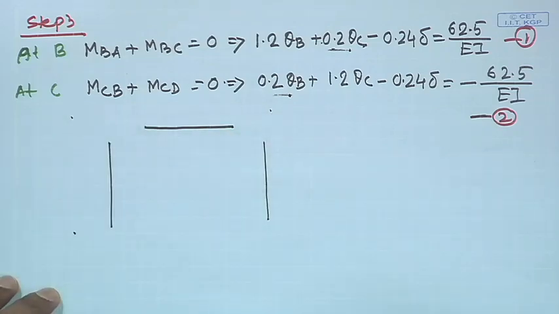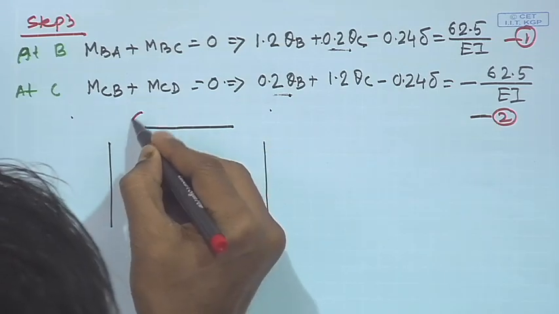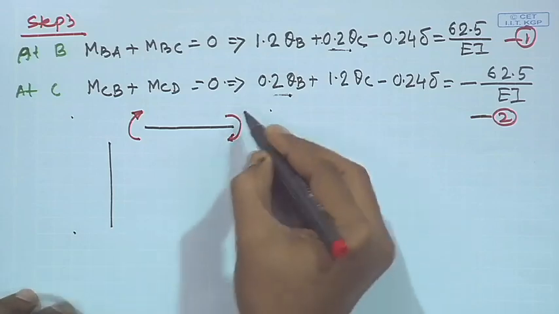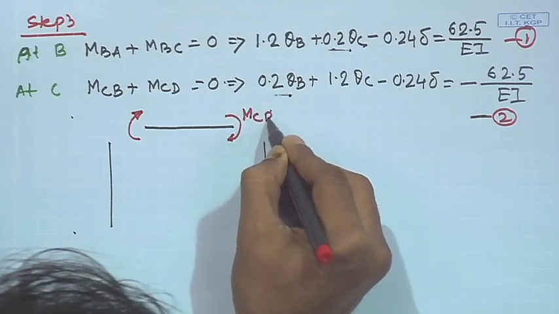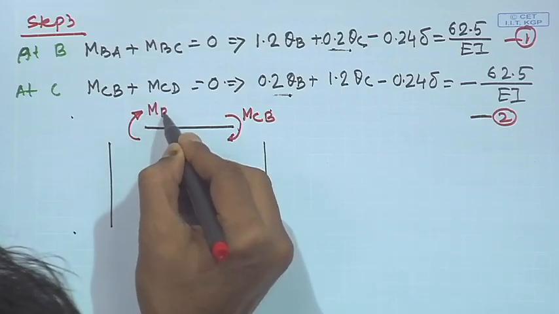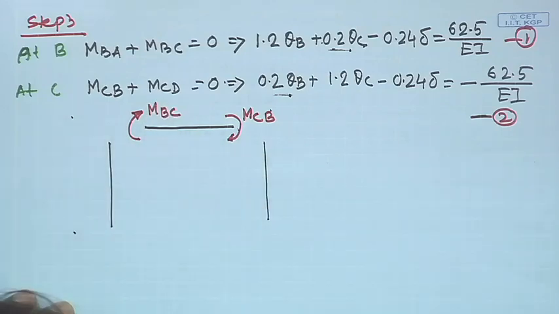Okay. Now, what are the forces we have? This is the corresponding moment. This is MCB, the moment at C in member CB. This is MBC. Okay.